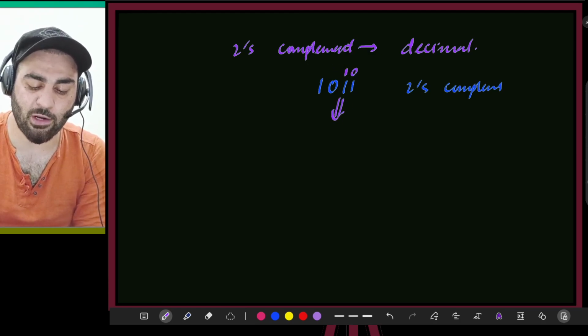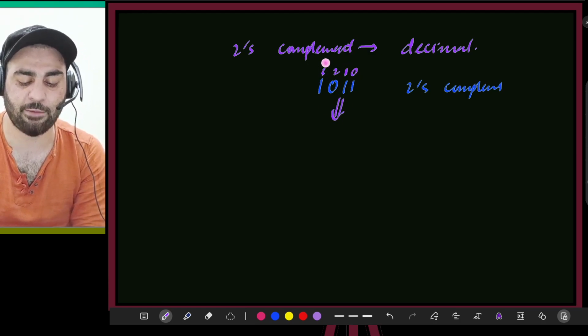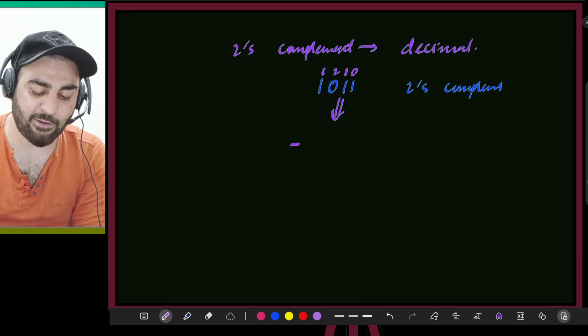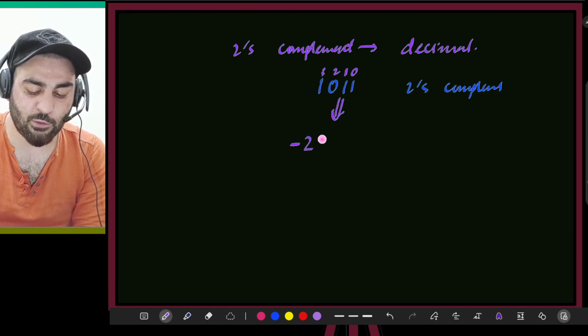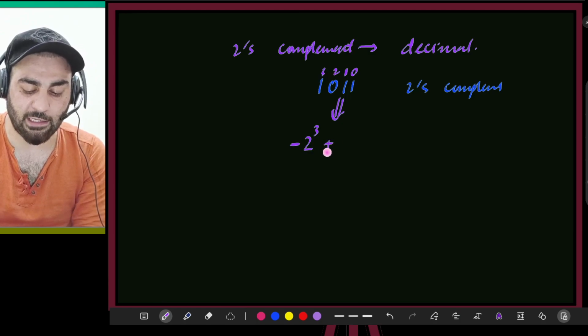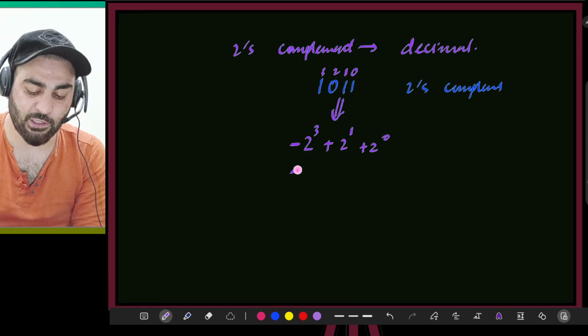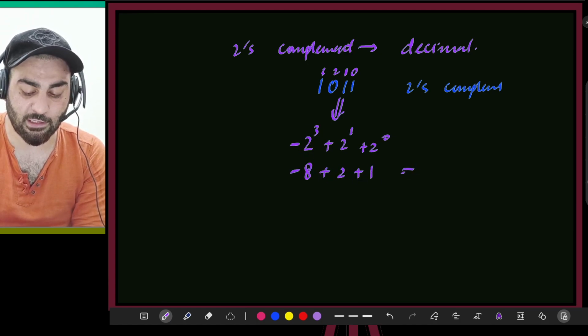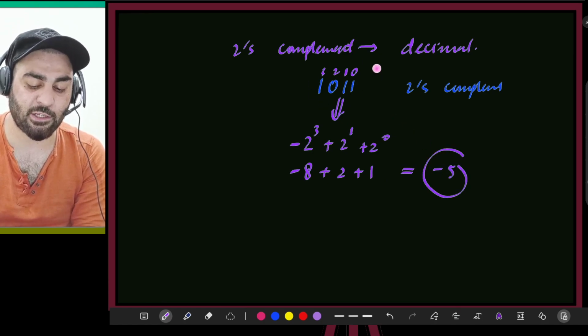This is the 0th bit, first bit, second bit, and third bit. So you write a minus sign first. For the top bit you write minus 2 to the power 3. Then you add: 0 won't get added, 2 to the power 1 plus 2 to the power 0. So this is minus 8, plus 2, plus 1. So this is minus 5.